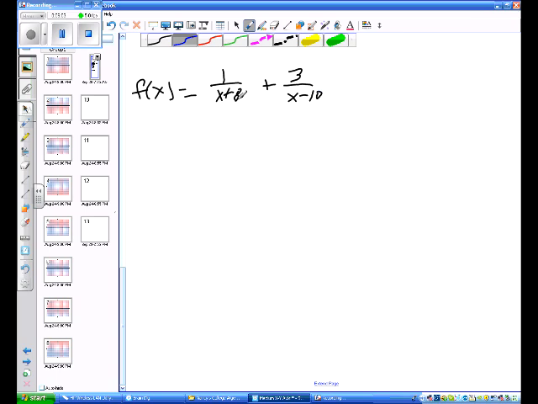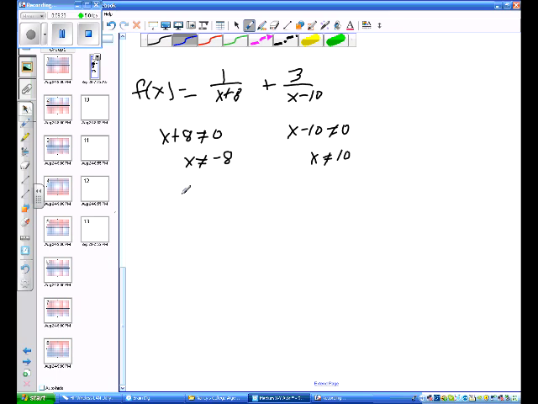Well, in this case we have two fractions, and so we have to consider each one. If we take the first one, x plus 8 cannot equal 0. So x cannot equal negative 8. And from the second one, we know that x minus 10 cannot equal 0. So x cannot equal 10. x can be anything else.